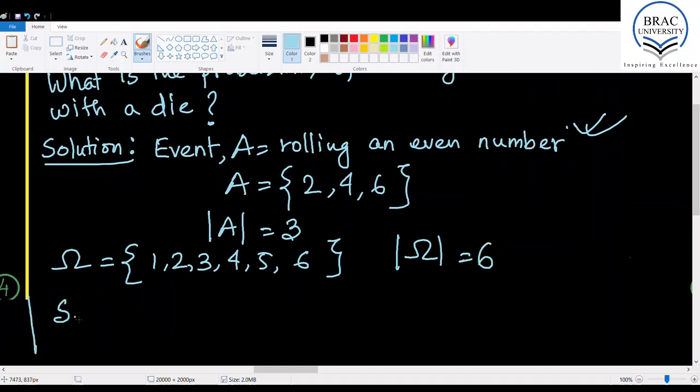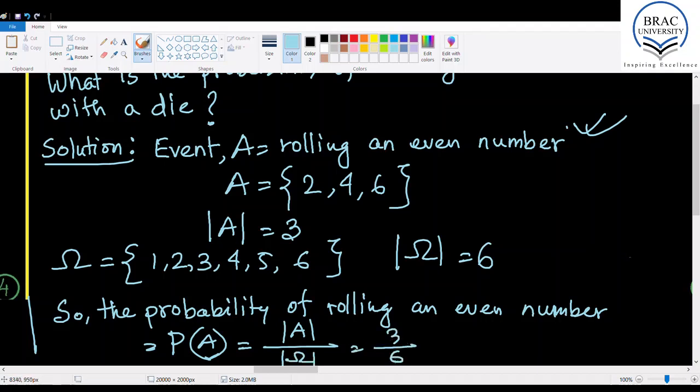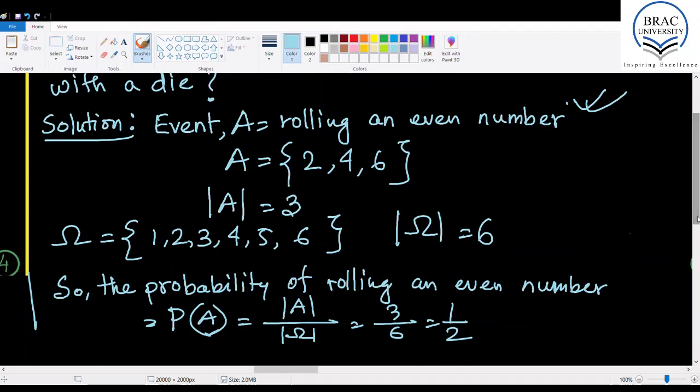Therefore, the probability of rolling an even number equals P of A equals cardinality A by cardinality omega, so 3 by 6, which is half. All right, I hope you understand it.